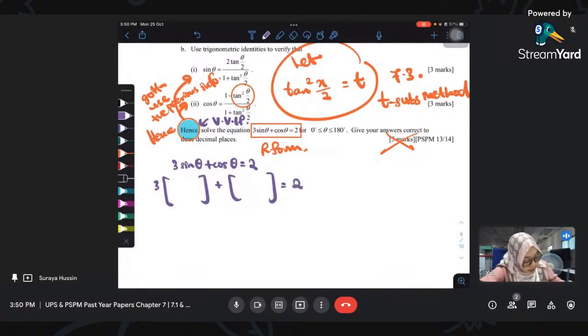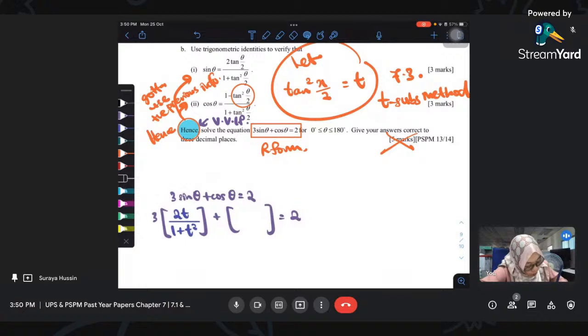So your sine theta is 2t over 1 plus t squared. Miss, mana datang t tu? Sebab Miss tak tulis betul-betul bahawa kita perlu let first. Let t is equals to tangent theta over 2. So, these things you have to be very good by yourself lah guys.